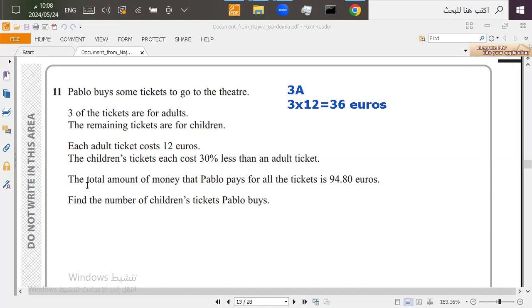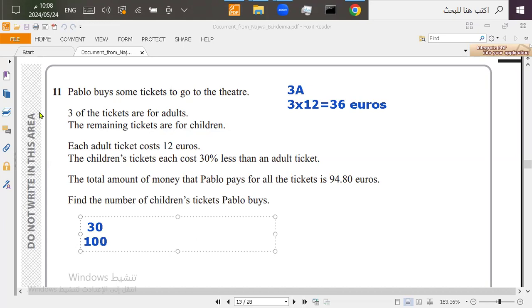Okay. Now the children's tickets each cost 30% less than an adult ticket. So let's find out how much money it costs. We're going to find the decrease multiplier of the 30% decrease, and then multiply it by the 12 euros. How do we find the multiplier? First, we find the percentage, which is 30 over 100.